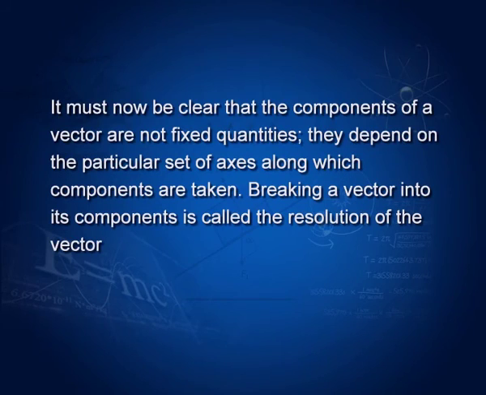Therefore, resolution is an important concept, and therefore, we are trying to explain it to you. And when we take the components of a vector along a set of axes, this process is called resolution of the vector. Now, let us reverse the process.